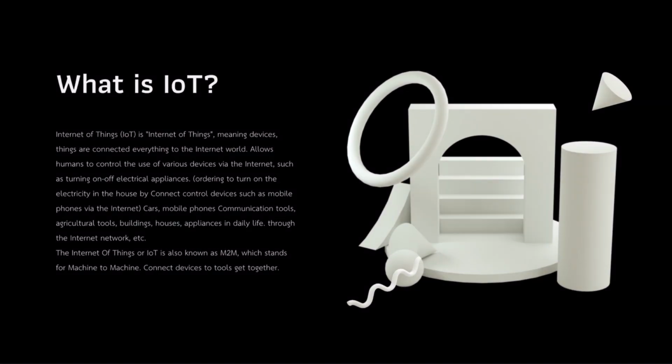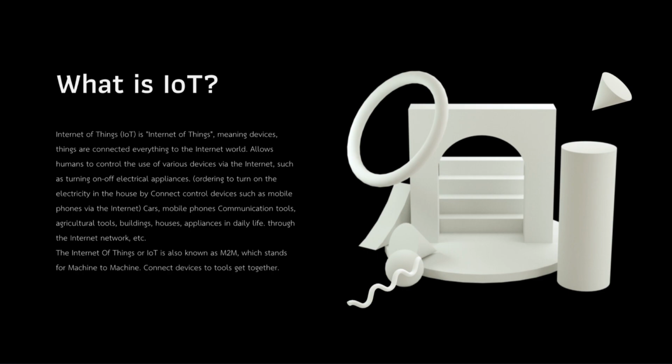What is IoT? Internet of Things, or IoT, means devices and things that connect everything to the Internet world, allowing humans to control the use of various devices via the Internet, such as turning on electrical appliances, ordering to turn on the electricity in the house by connecting control devices such as mobile phones via the Internet.